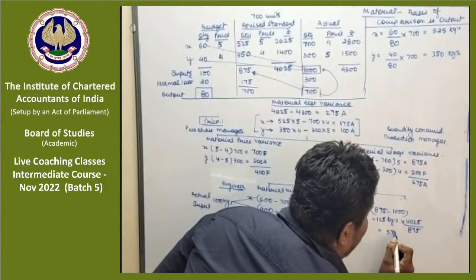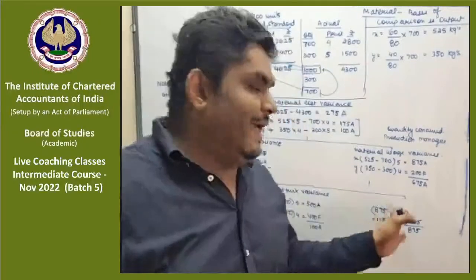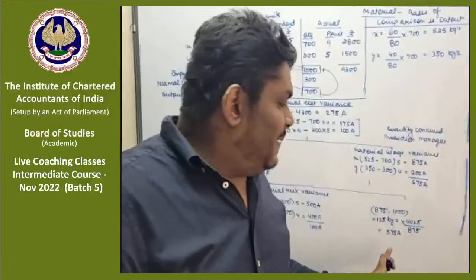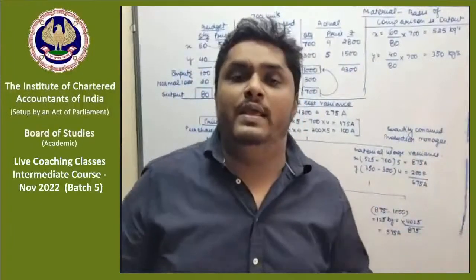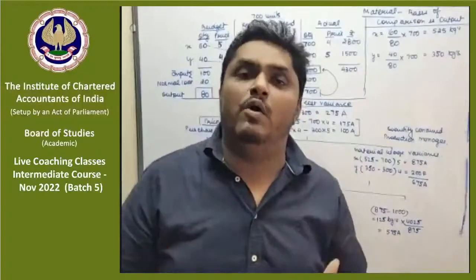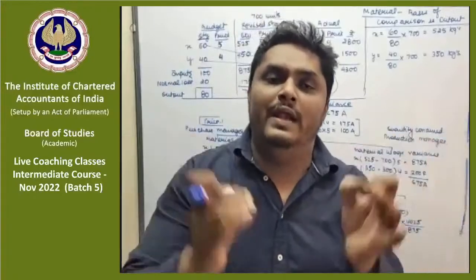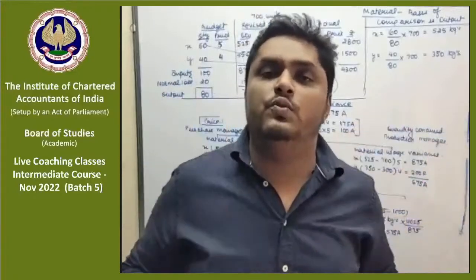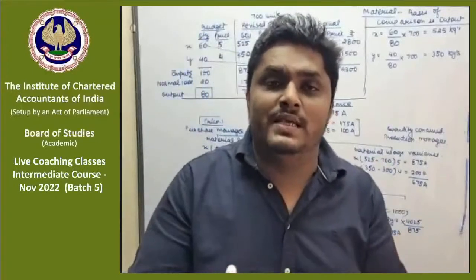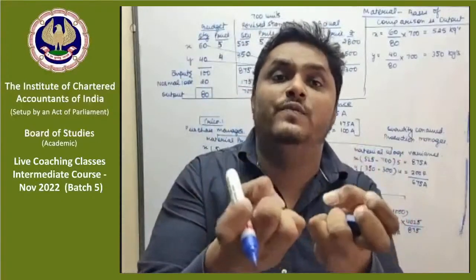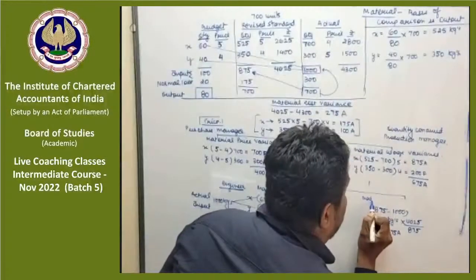This is how we will get 575 adverse. There are many other ways to calculate this variance, but I have calculated in the simplest way and I'll be discussing this method only. So please don't ask, guys, what are all the other methods. Better use this approach. This is the easiest approach and the best approach to solve this question quickly. So this variance is the yield variance, that is how much output we are getting from the input. So this is called material.